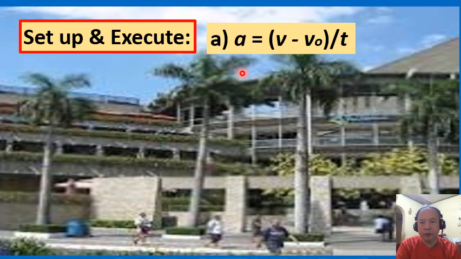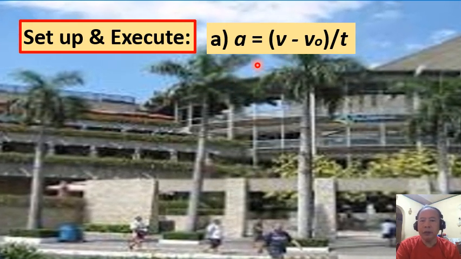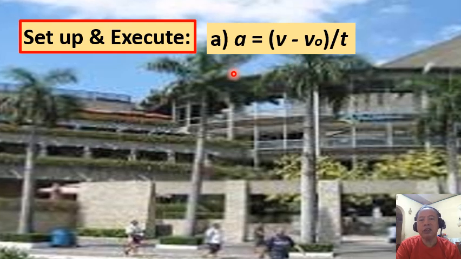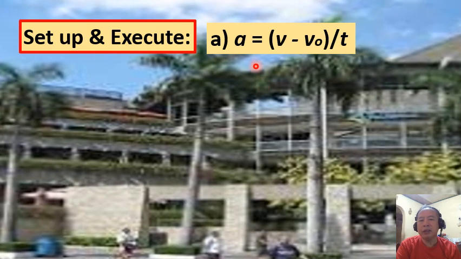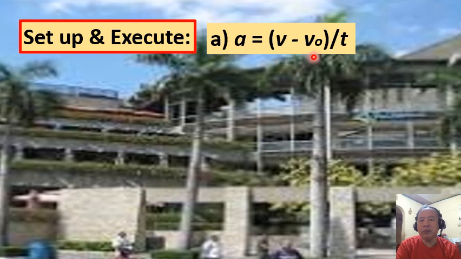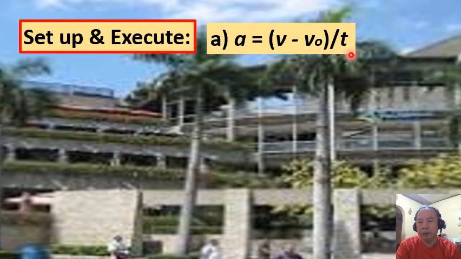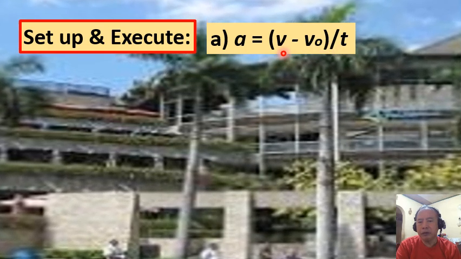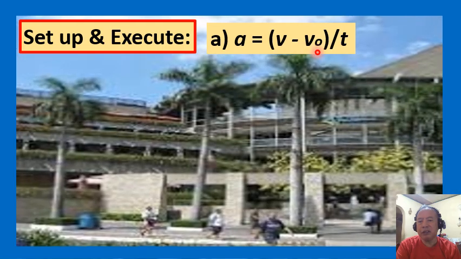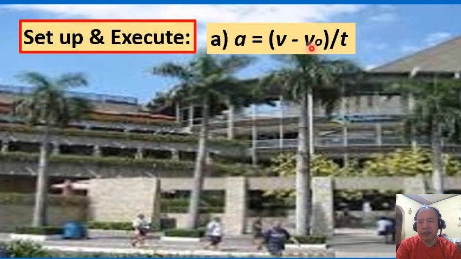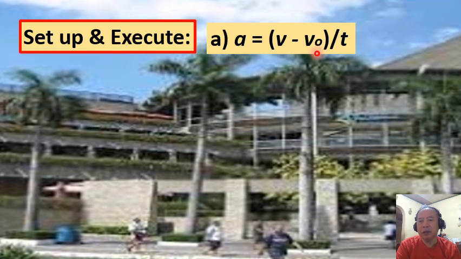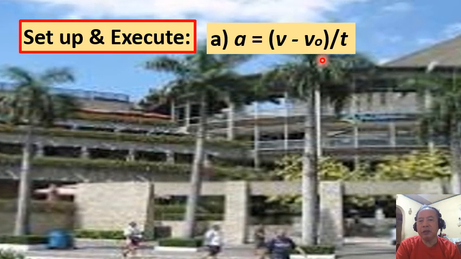The formula for determining the acceleration, which is assumed to be constant, is a equals quantity v minus v naught divided by the time t, where v is the final speed and v naught is the initial speed. Since it started from rest, the initial speed v naught equals 0.